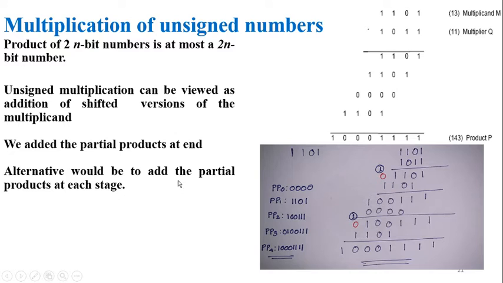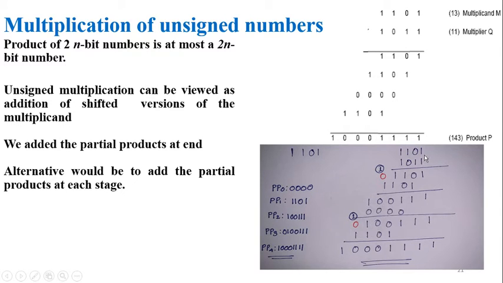An alternative method of multiplication is to add the partial product at each stage, just like this. Here we have the same multiplicand and multiplier, both of length 4. So consider an initial partial product of 4 zeros.